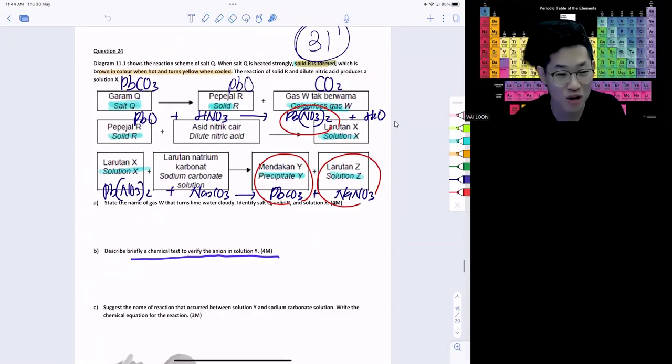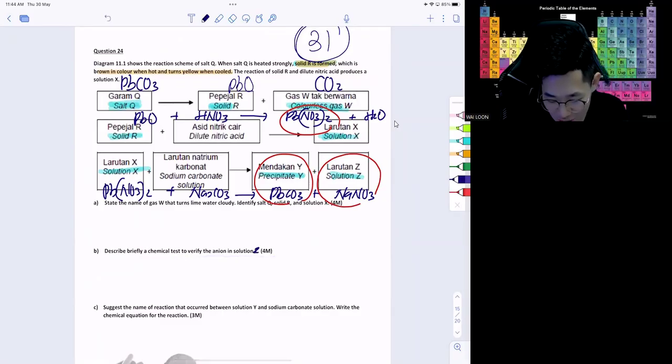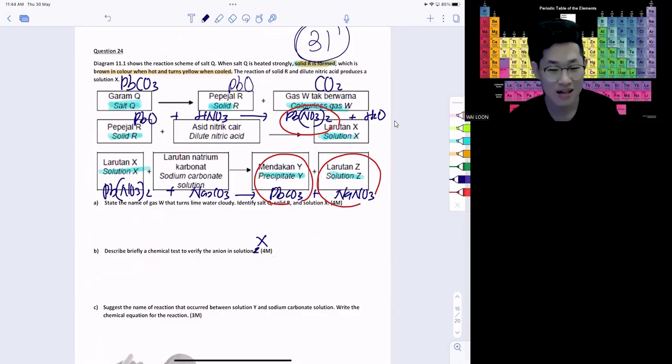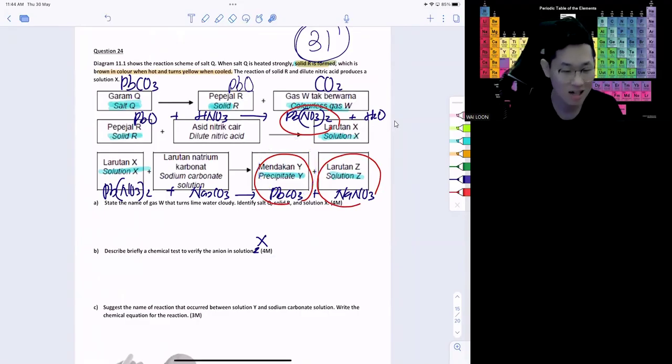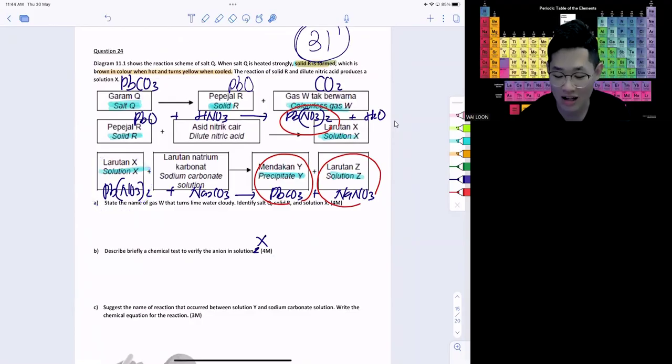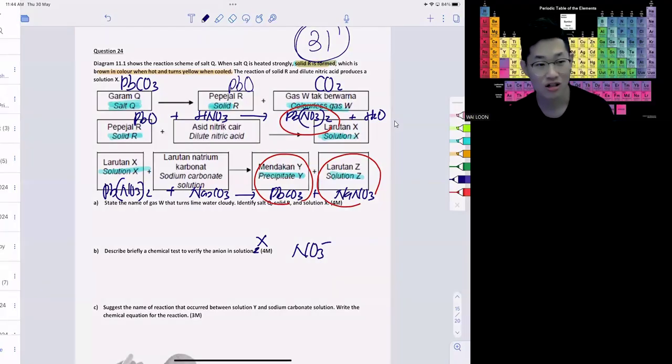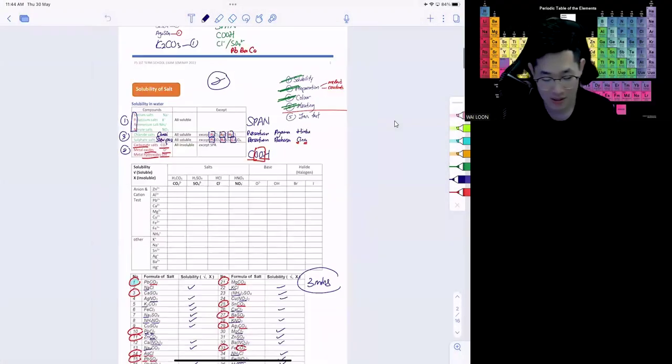Do we have solution Y? I think they're trying to say solution X. Sorry, it's not solution Y, it's solution X. Lead 2 carbonate is insoluble, cannot be a solution. So I think it should be the lead 2 nitrate, okay? To test the anion in the solution X, which is nitrate ion. So how should we do this?